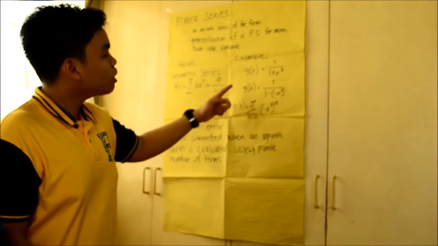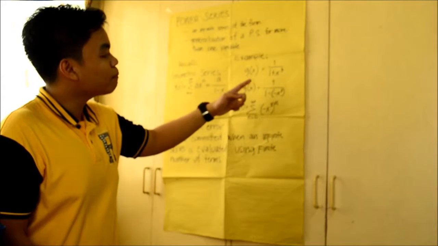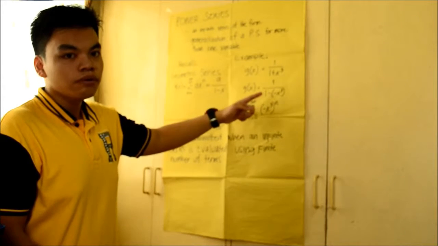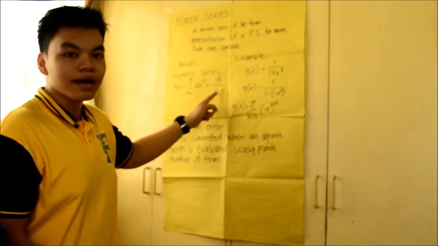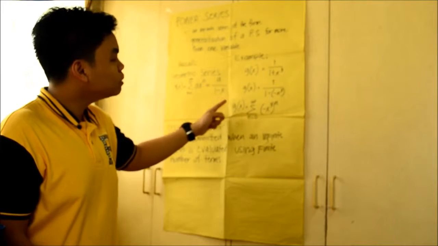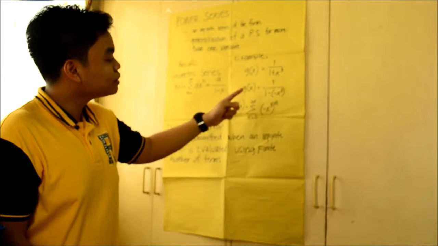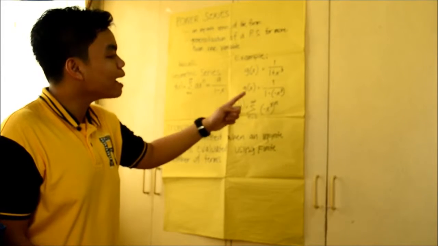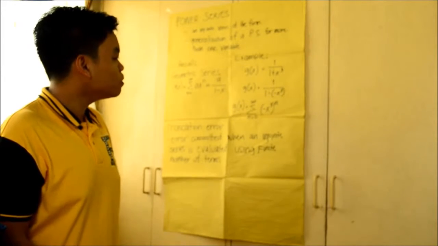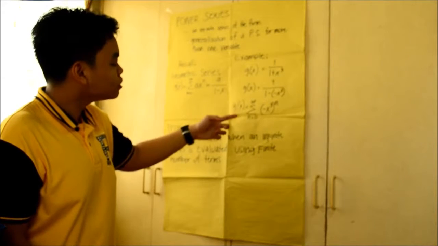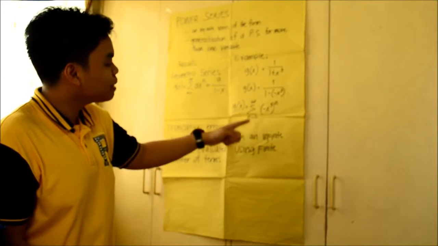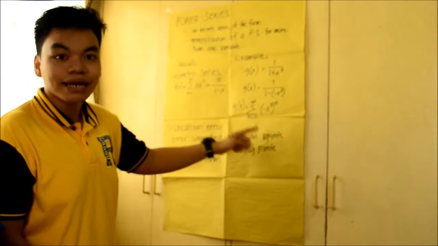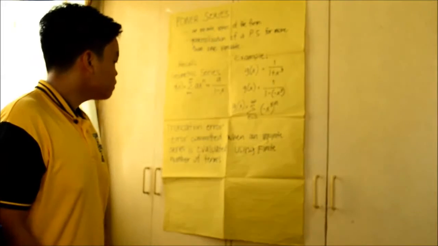Example, g of x is equal to 1 over 1 plus x cubed. Then following this formula, a over 1 minus x, we have g of x equal to 1 over 1 minus negative x cubed. So for the final answer, g of x is equal to the summation of negative x cubed raised to n.